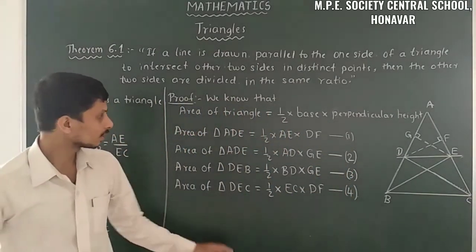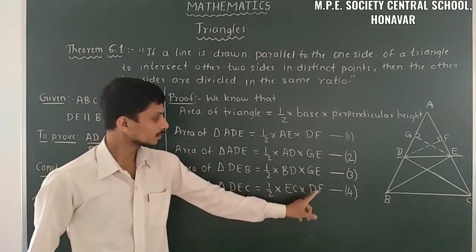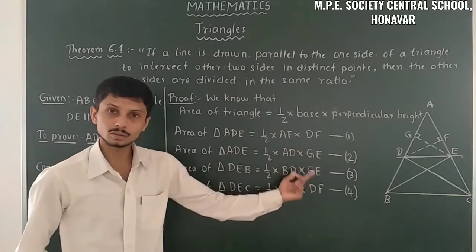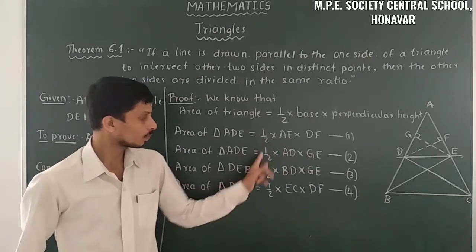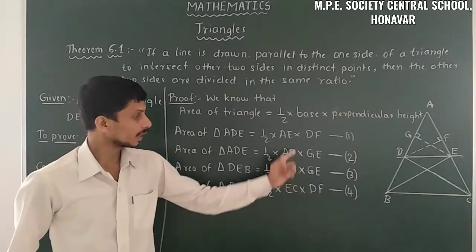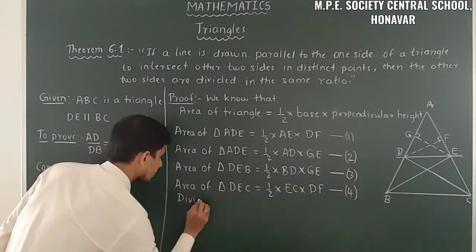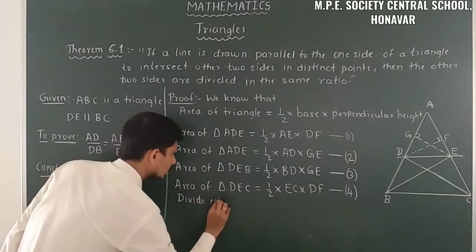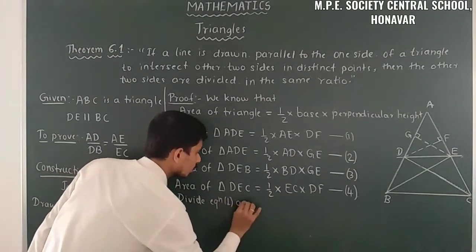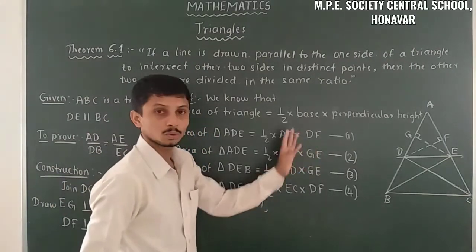Just observe here, from equation 1 and equation 4, DF is common, 1 by 2 is common. And when we consider equation 2 and equation 3, GE is common, 1 by 2 is common. So let us divide equation 1 by 4 and equation 2 by 3.